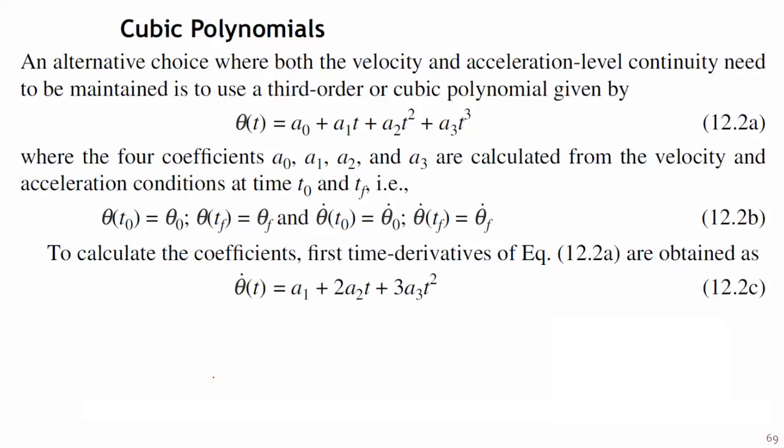Equation 12.2b. To calculate the coefficients, first order derivatives of equation 12.2a are obtained as theta dot t is equal to a1 plus 2a2 t plus 3a3 t square.